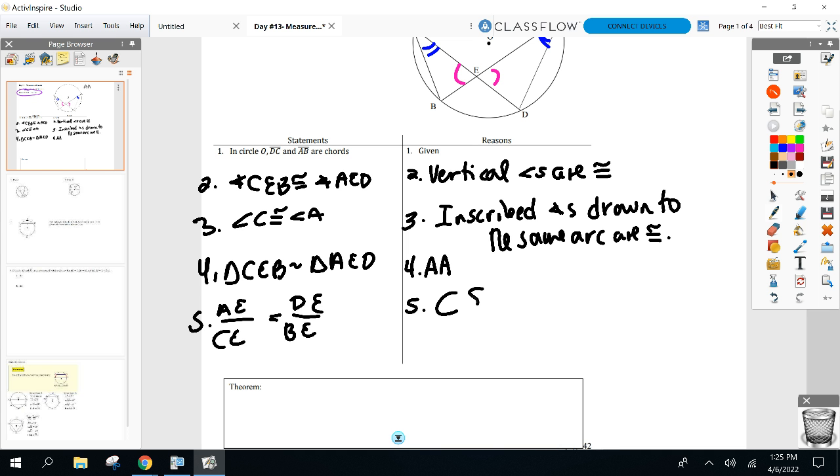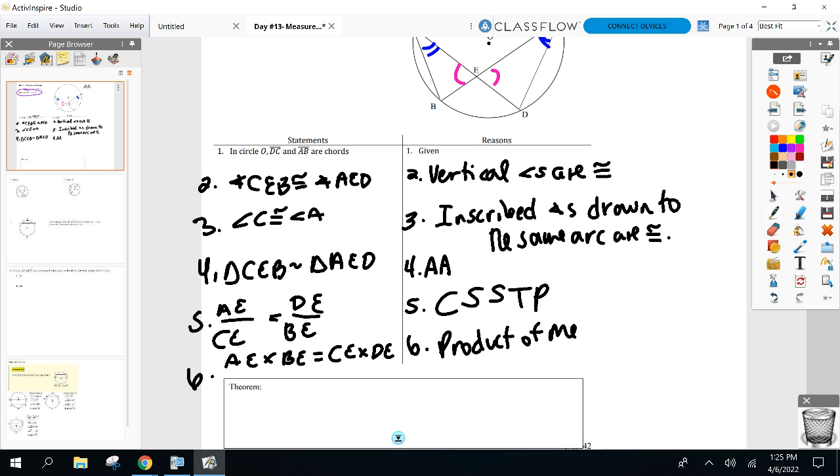Corresponding sides of similar triangles are proportional. It's the similar version of CPCTC. All right, now you can multiply in means and extremes, and we're good. AE times BE equals CE times DE. Product of the means equals product of the extremes.